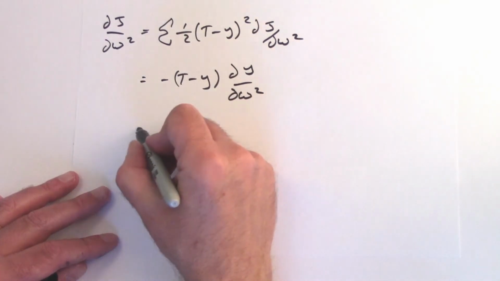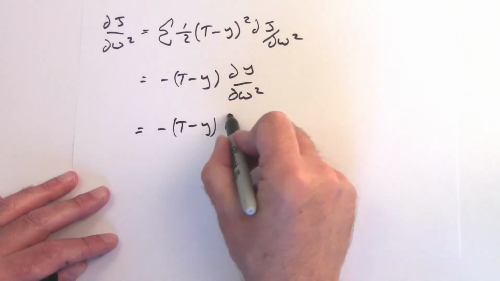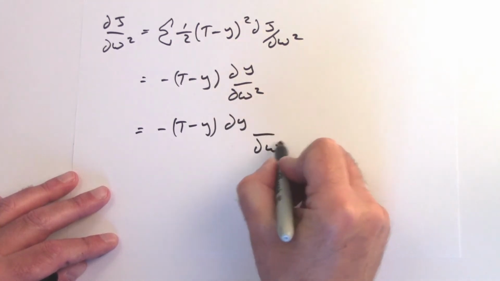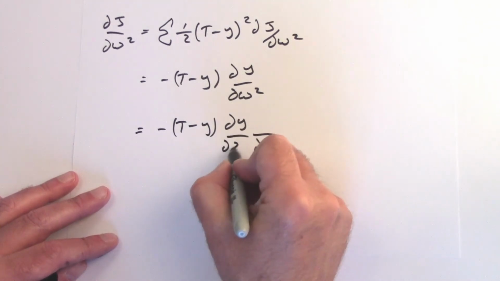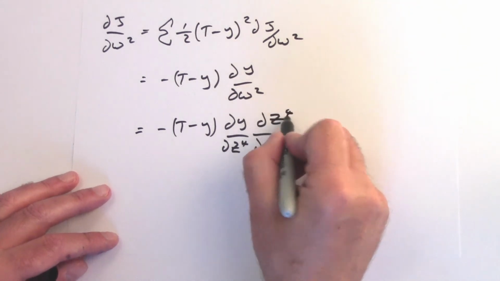We can use the chain rule again, and that becomes dy dz4 by dz4 dW2.